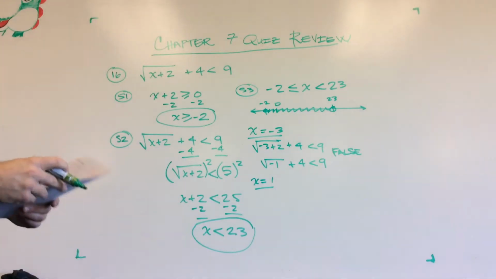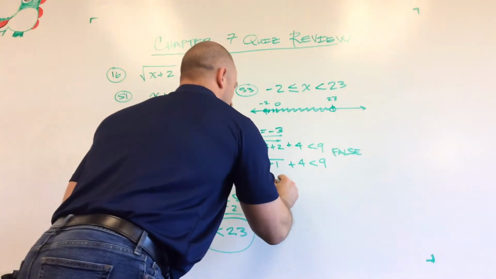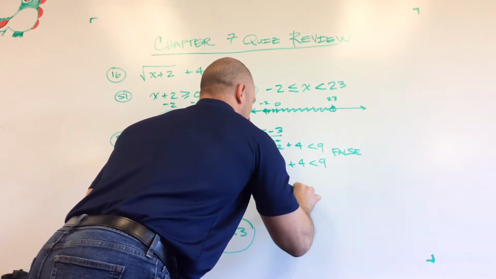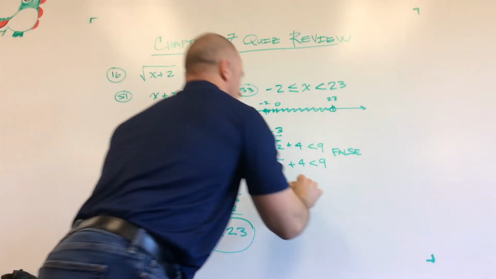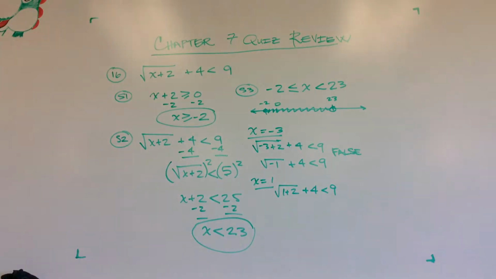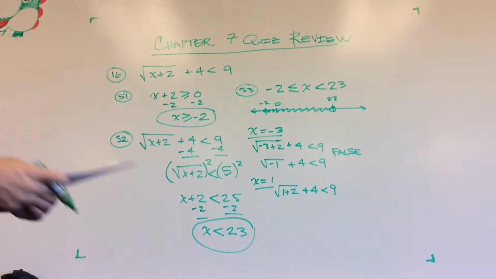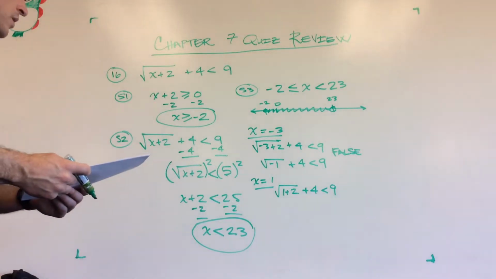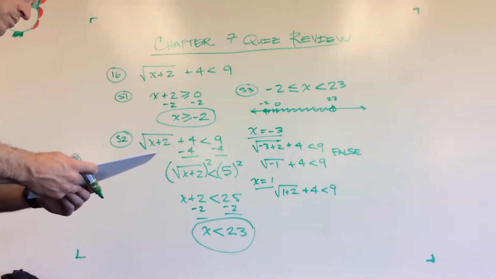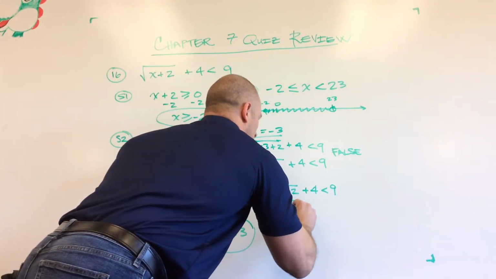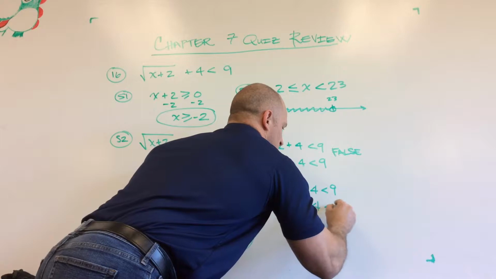When we put it into the original equation, we're going to get the square root of 3 plus 4 is less than 9.